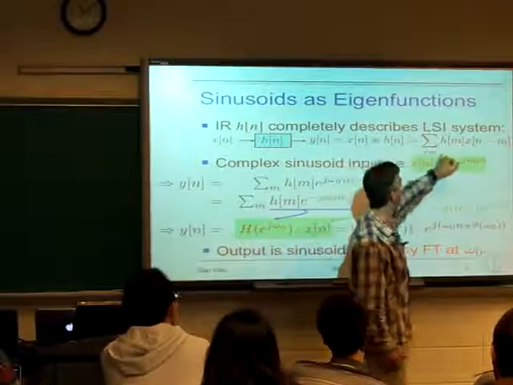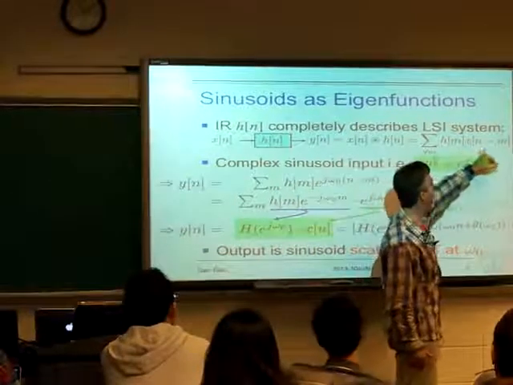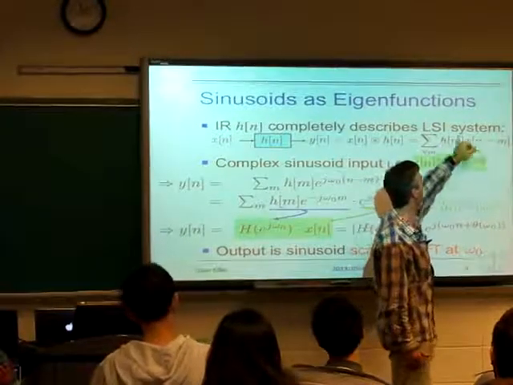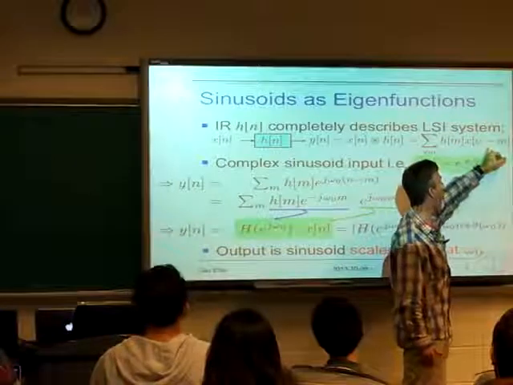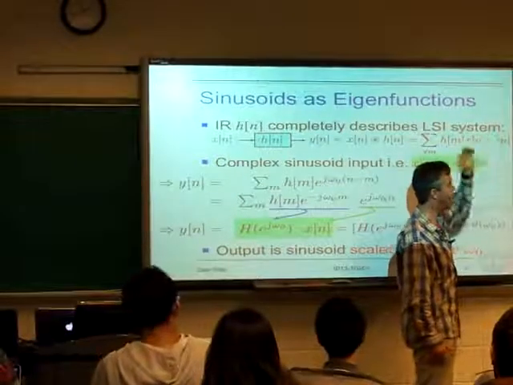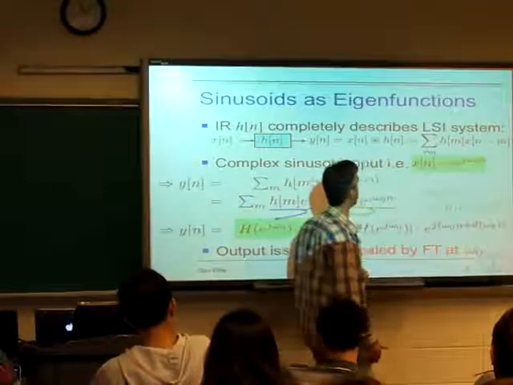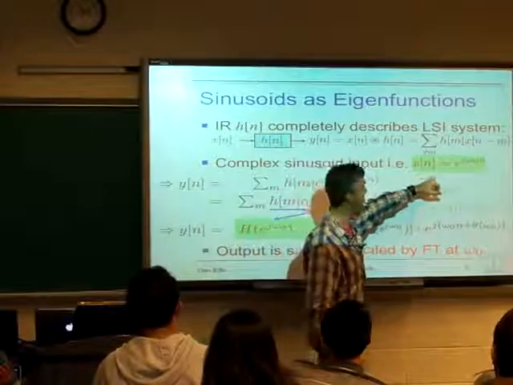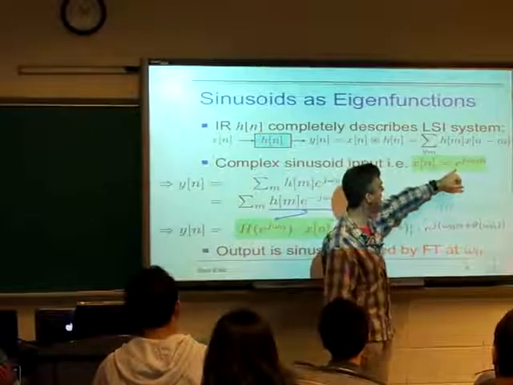We can write out the convolution sum explicitly like this. It just means for some particular value of n, we sum over all values of h multiplied by x of n at that particular time previous, sum them up, and we get the output. Now, if we're putting a sinusoid in, in this case we're going to use a complex sinusoid because mathematically it's easiest.